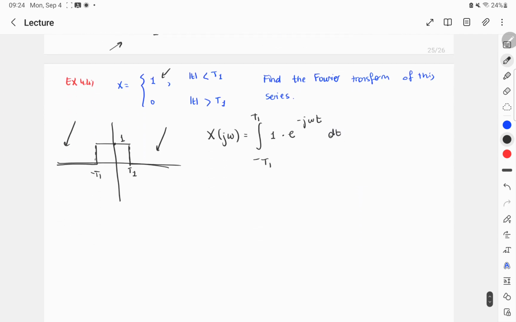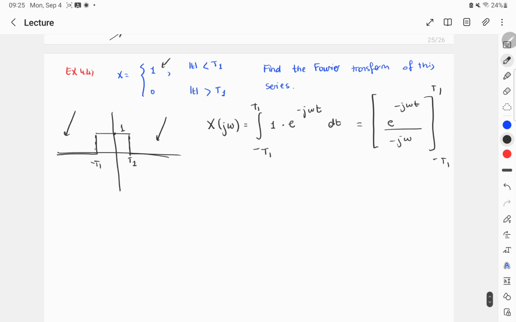And then let me take this integral. It will come off as this over minus jw, because we are integrating with respect to t, and then from minus T1 to capital T1. So expanding this, we will get this expression.